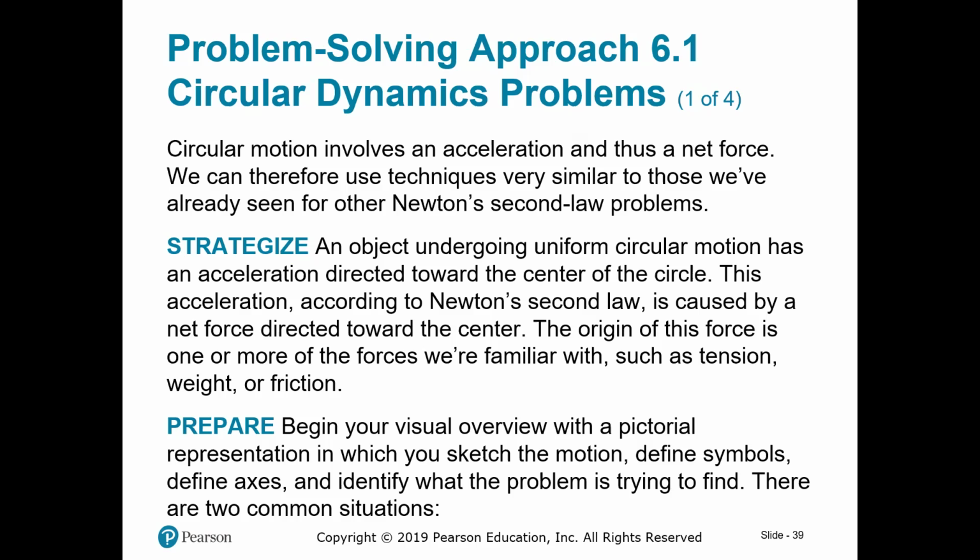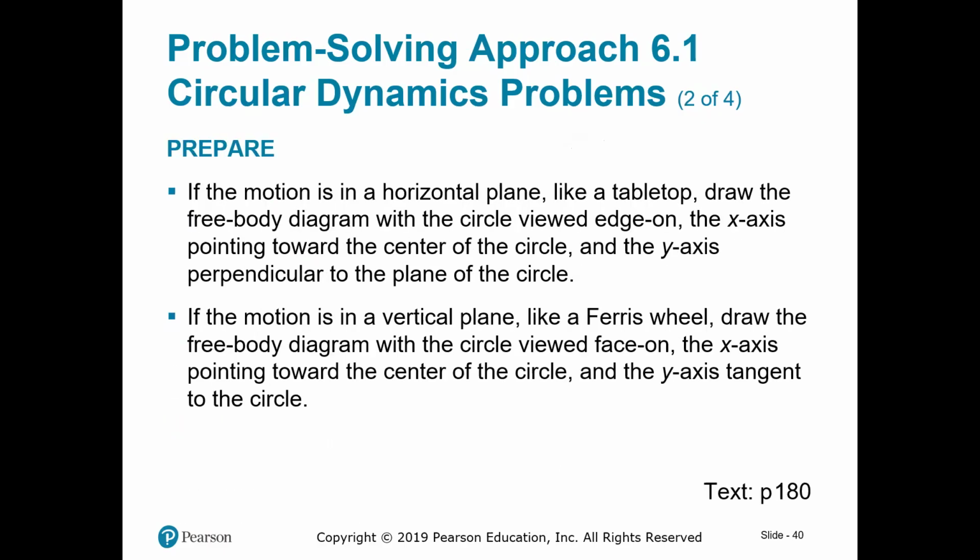If the net force acting on the object is toward the center of the circle, then you can say we have a centripetal acceleration and centripetal force. So we have a circular motion, right?